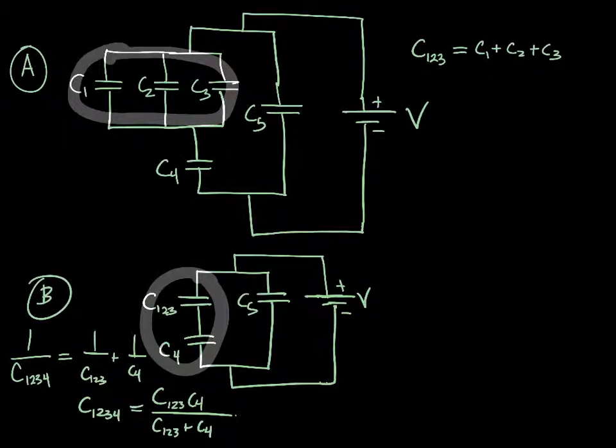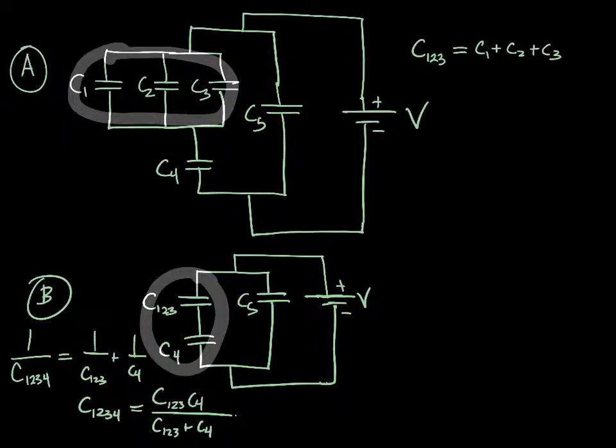Okay? Because what you would get before that step would be C4 plus C1,2,3 over their product, and 1 over that, you flip it over, and you get what C1,2,3,4 equals. All right?